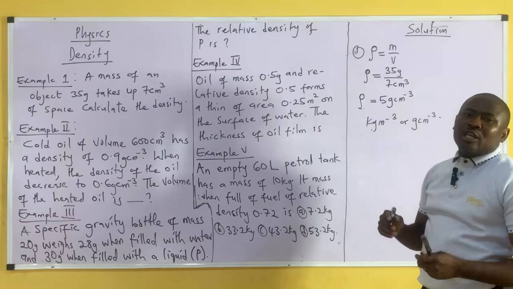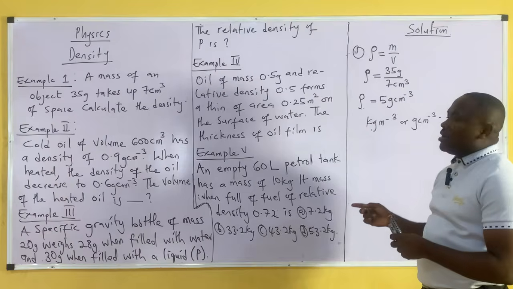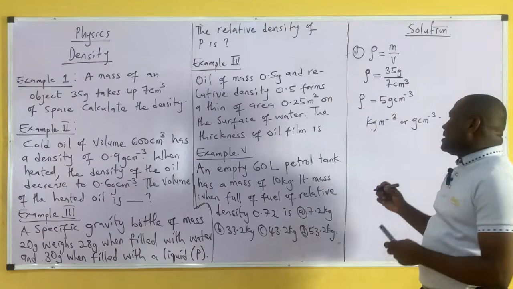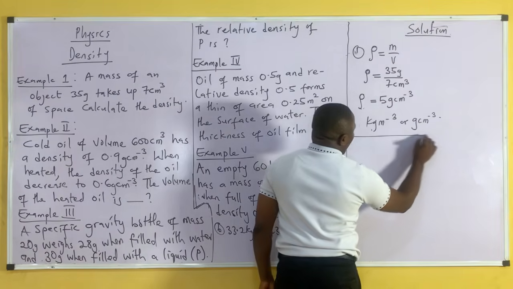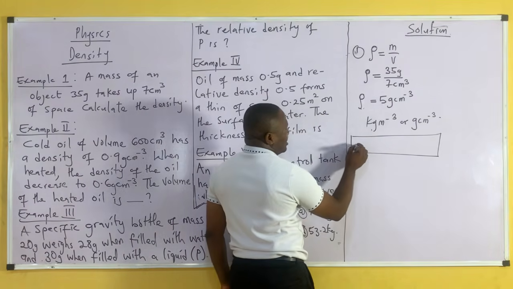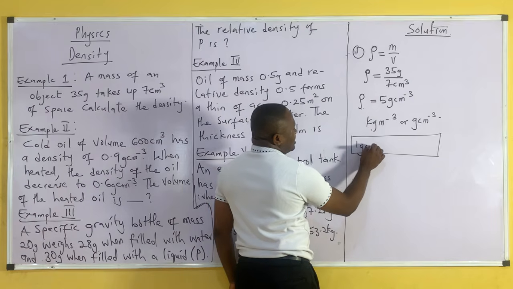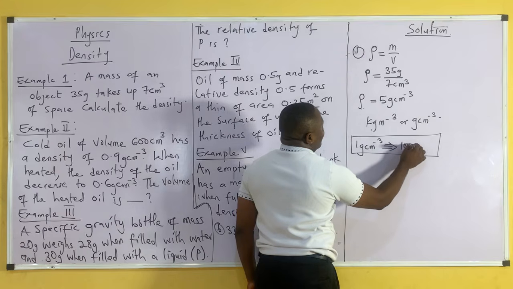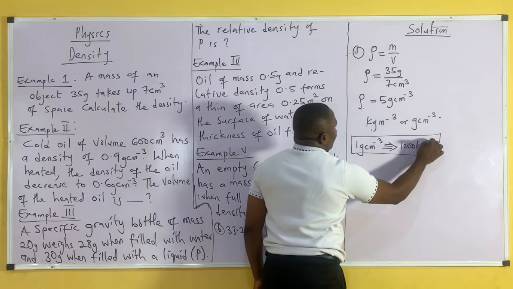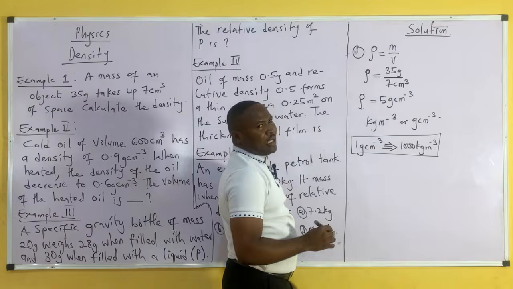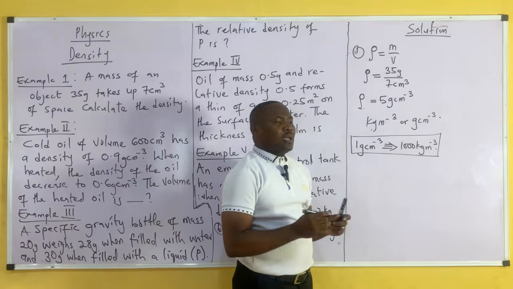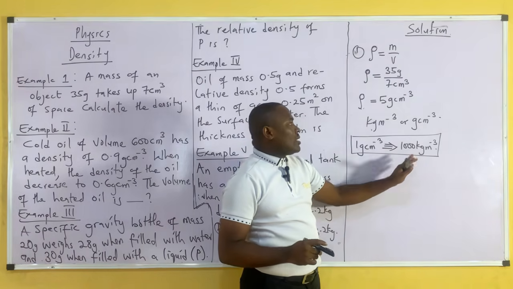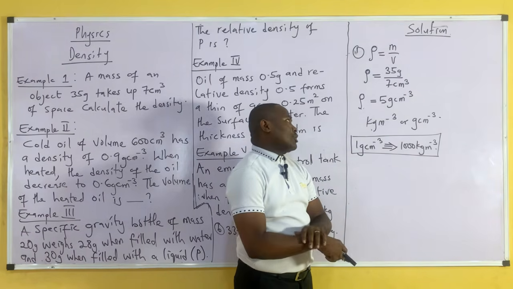But if it was kilogram against cm cube, I would have converted from cm cube to meters cube. That leaves us with this very important point: 1 gram per cm cube is equivalent to 1000 kilogram per meter cube.